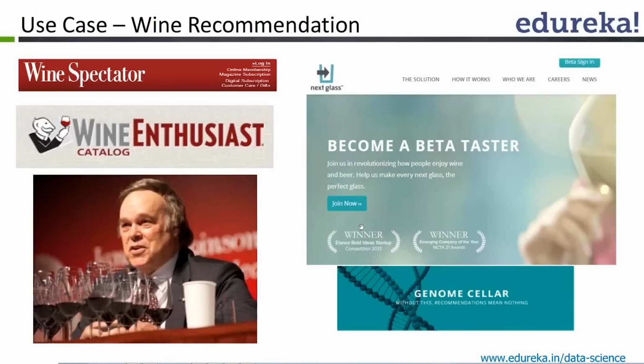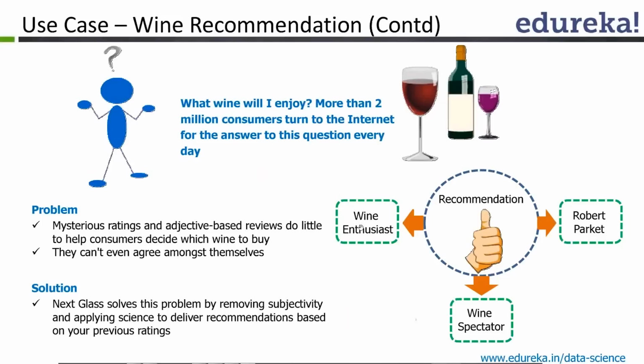And actually in the Bay Area here in California, there are a couple of companies which try to come up with some recommendations based on the list of wines that you previously showed interest in. Okay, and it's a big business. That startup company actually raised a few million dollars very recently in the funding round.